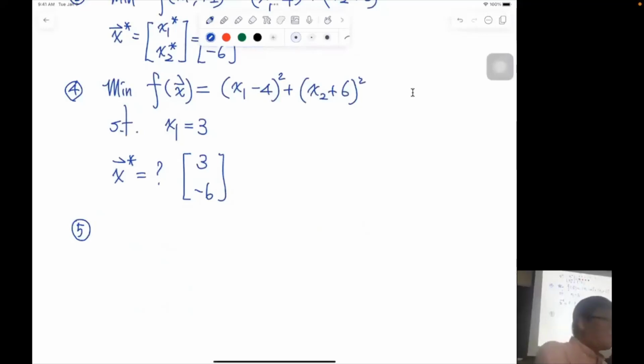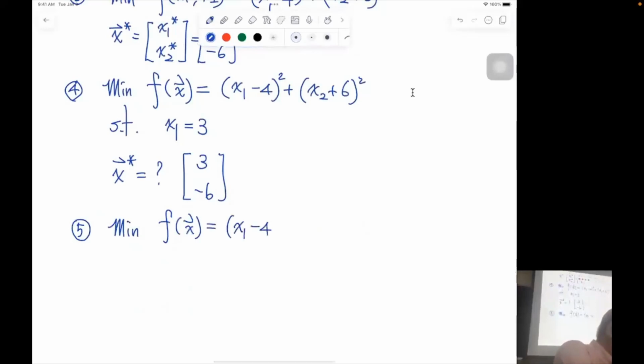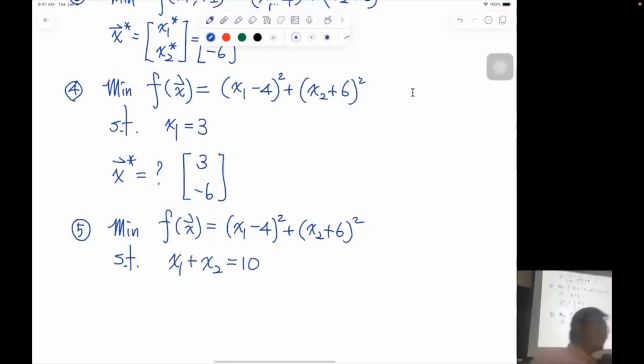So now I'm going to make it more advanced. You probably cannot visualize it easily. So let's try x1 plus x2 must equal 10. This time nobody can observe the answer, right?